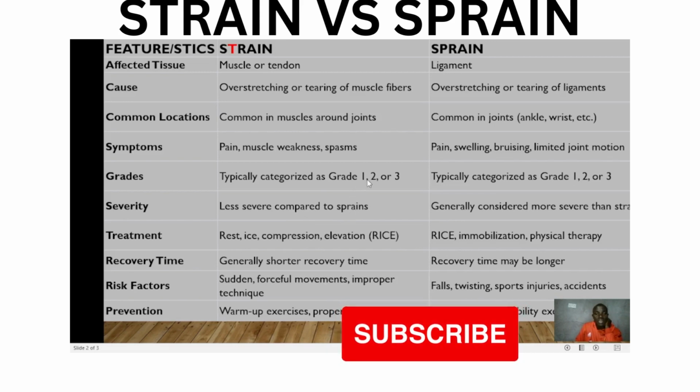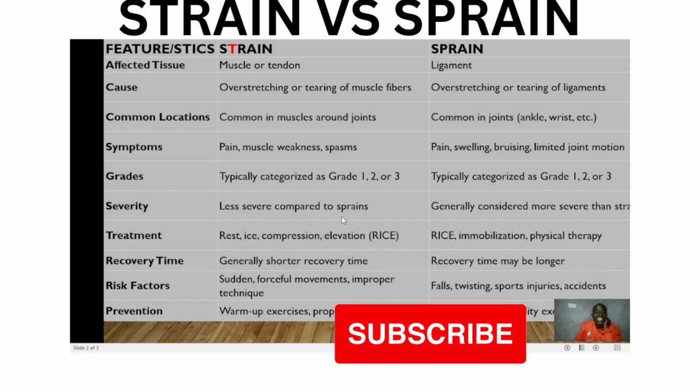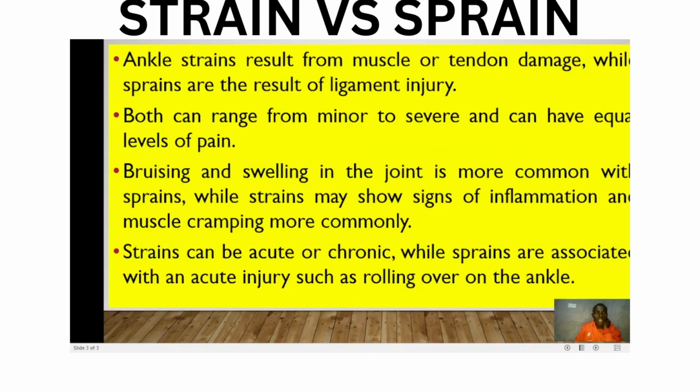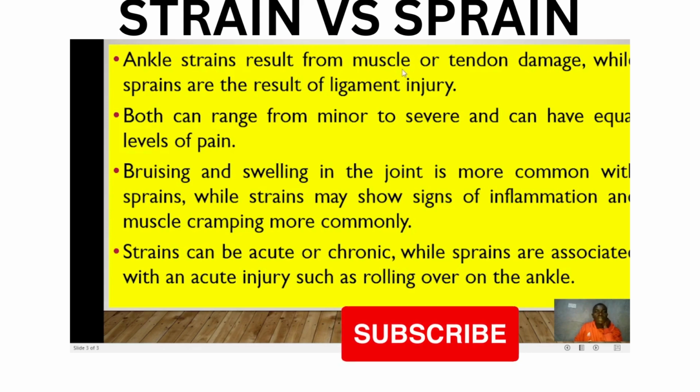Supposing you have a grade 3 strain compared to grade 1 strain. In that case the severity may not hold, but this one is constant, guys. Affected tissue will always be the muscle or tendon or the ligament, and that's why we have gone for that B. Ankle strains result from muscle or tendon damage, while sprains are result of ligament injury.